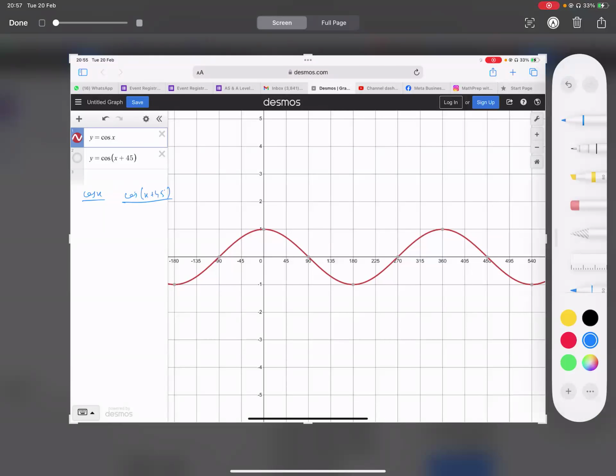If we were to input x equal to 0 in the original function, what is the result going to be? The result is going to be cos of 0.